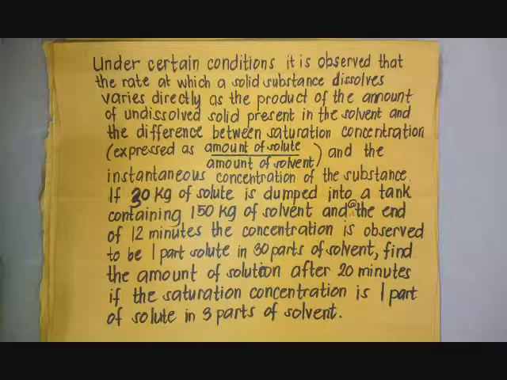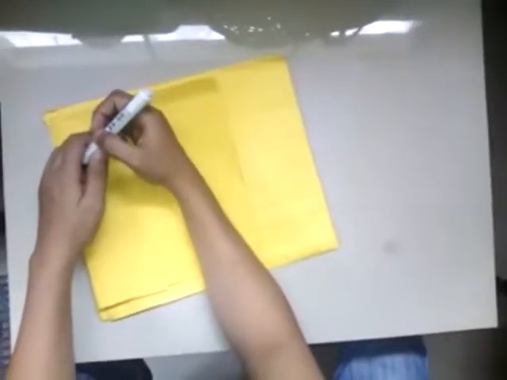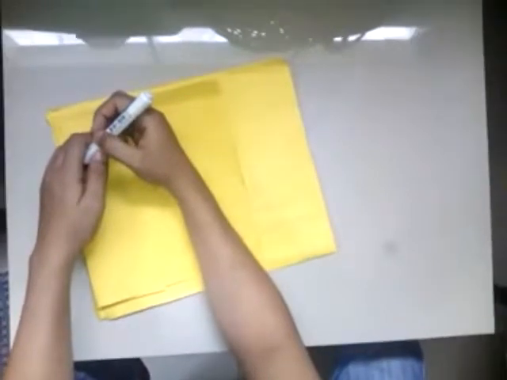If 30 kilograms of solute is dumped into a tank containing 150 kilograms of solvent, and at the end of 12 minutes the concentration is observed to be 1 part solute in 30 parts of solvent, find the amount of solution after 20 minutes if the saturation concentration is 1 part of solute in 3 parts of solvent.